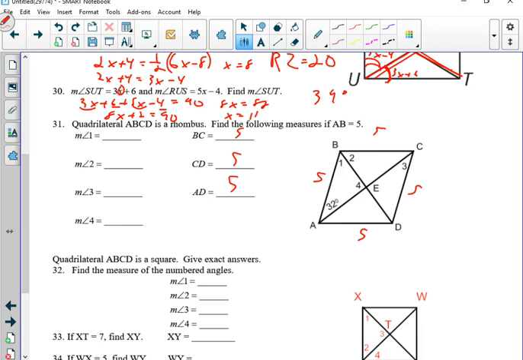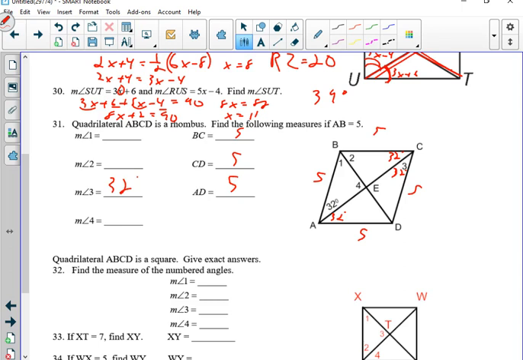Okay, the diagonals bisect the angles. So this is 32, this is 32, and this is 32. Opposite angles are equal. So angle 3 is 32 degrees.